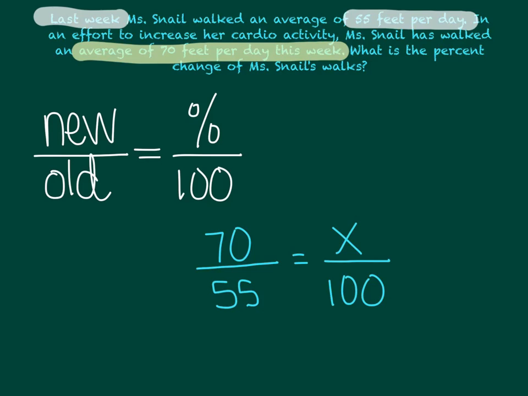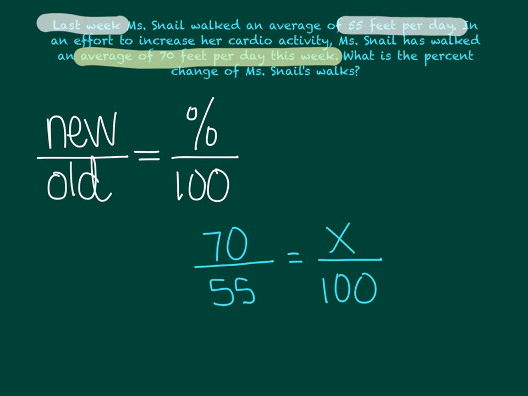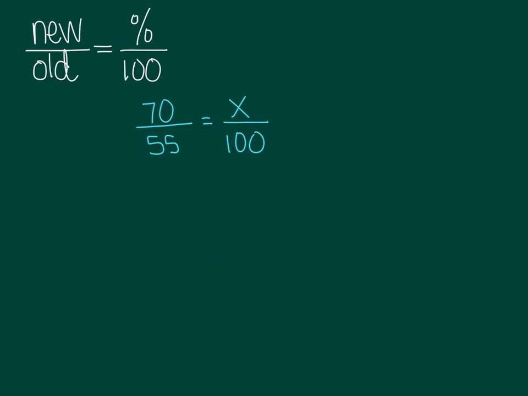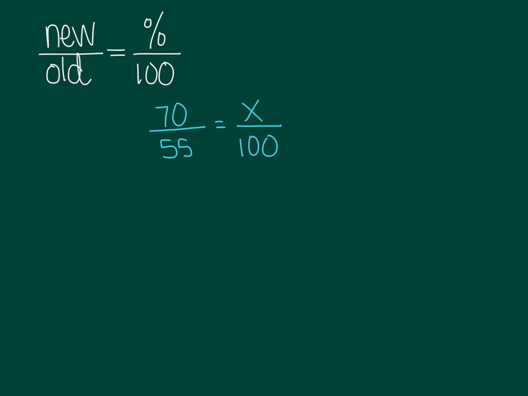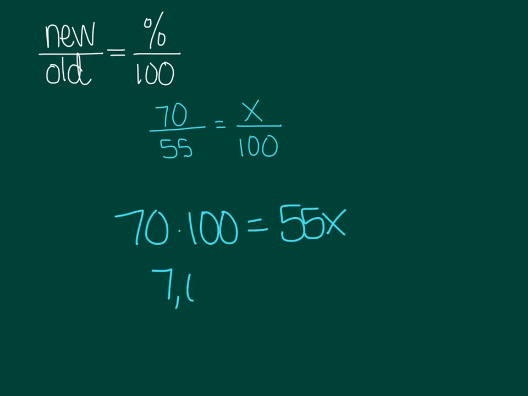We discussed in class that the easiest thing for us to do is really to think about cross multiplying and then dividing. So with that, I'm going to go ahead and say that I have 70 times 100 equals 55x. And so 70 times 100 will give us 7,000 equals 55x.